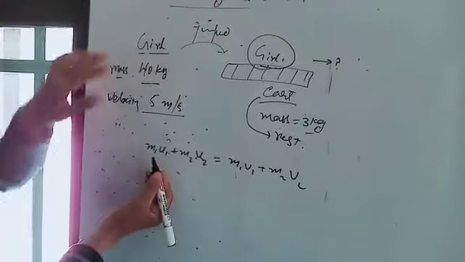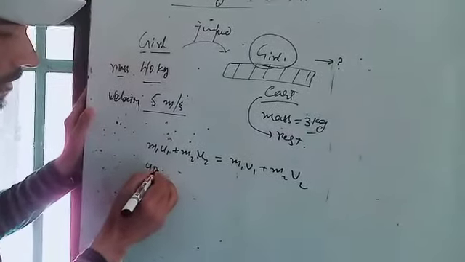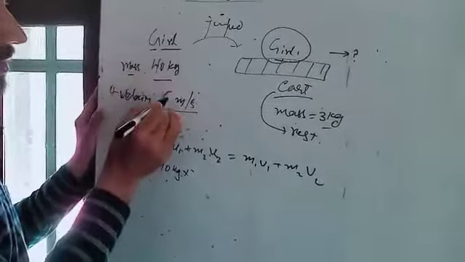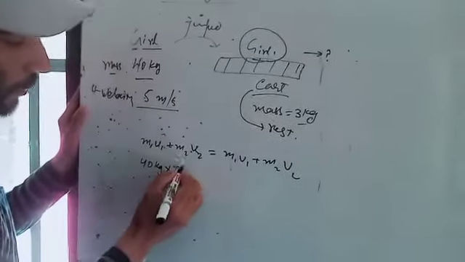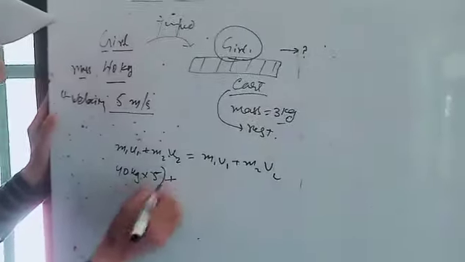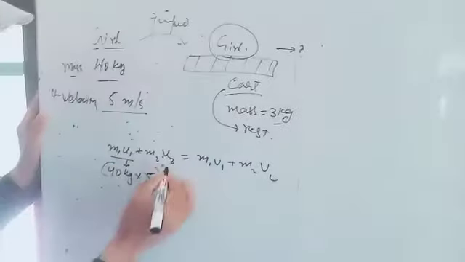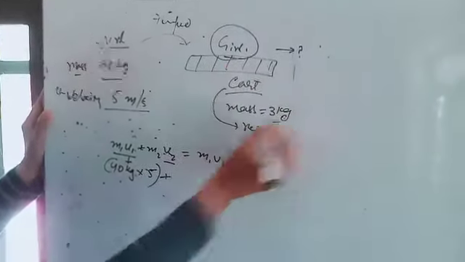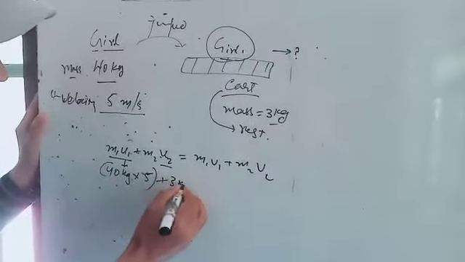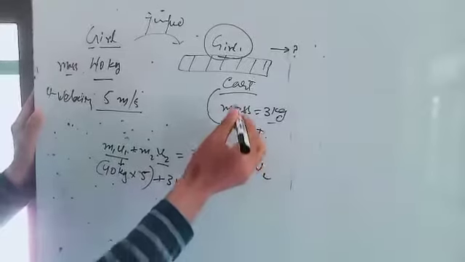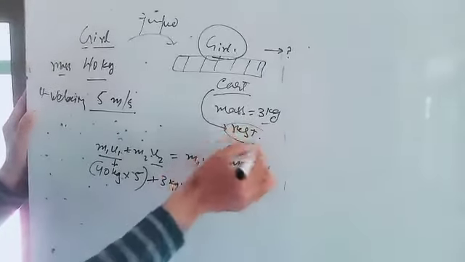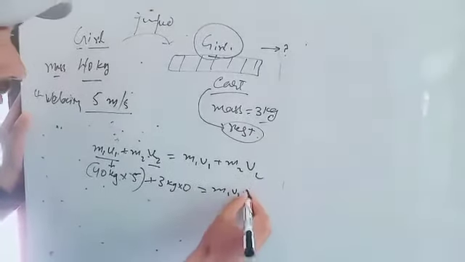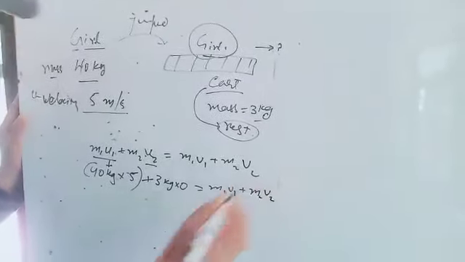For example, m1 is the mass of the girl, that means 40 kg, into the initial velocity of the girl, which is 5 meter per second, 40 into 5, plus m2, the mass of the cart, which is 3 kg, into the initial velocity of the cart. Because it is at rest, the velocity is 0, is equal to m1v1 plus m2v2.